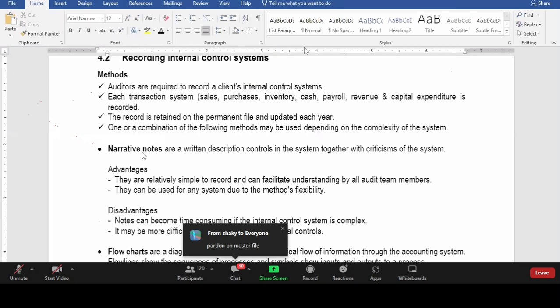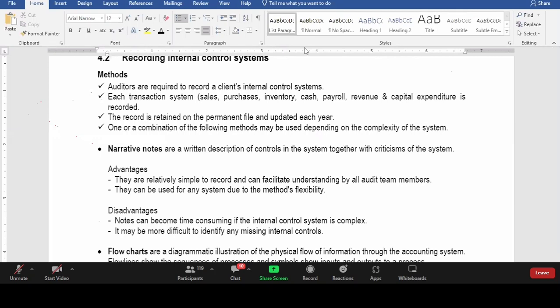Now, first, we use one or a combination. Notes: a written description of controls in the system together with criticisms of the system. So we write notes about the system. We write notes on sales, notes on purchases.